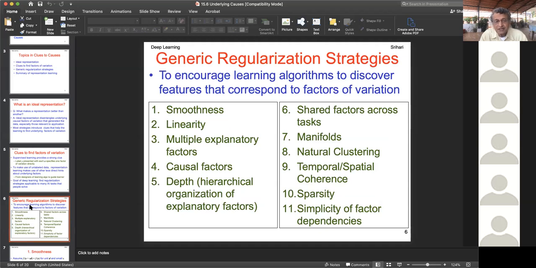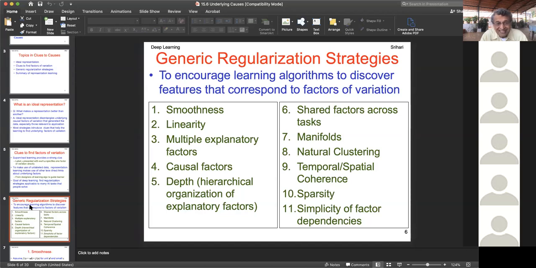So here are 1 through 11 generic regularization strategies to encourage learning algorithms to discover features that correspond to factors of variation. So what are ways of encouraging a particular learning algorithm to do this? First one is smoothness. Somehow the algorithm or the method should involve smoothness, just like in symbolic representations.